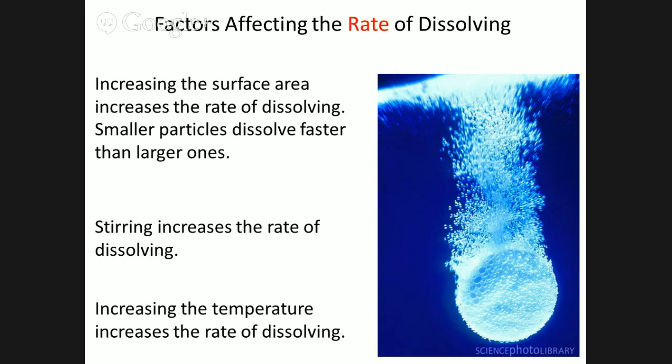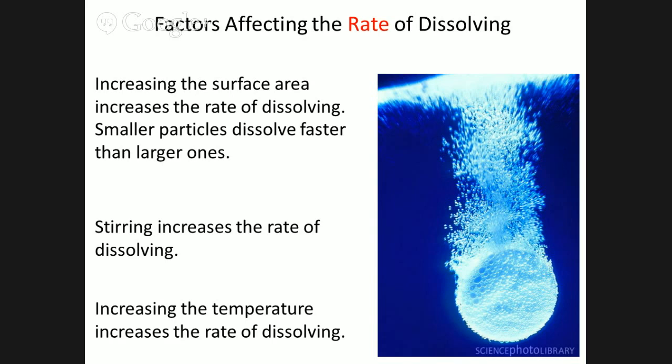And if we increase the surface area, it can get to more material more quickly by breaking it up. When it's a big piece, the center is not directly in contact with the solvent, and so it doesn't dissolve yet. But when we break it up, the middle gets exposed much more quickly, and so will dissolve more quickly.